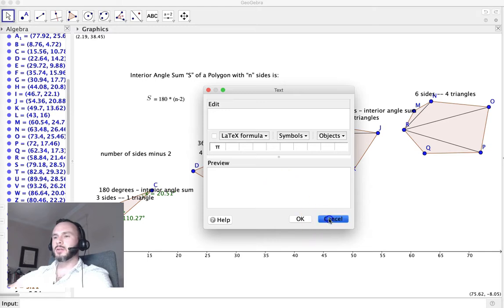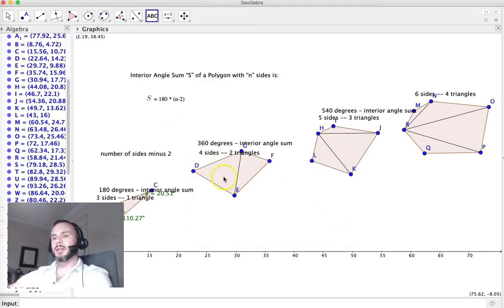So there is our formula. It's 180 times n minus 2.